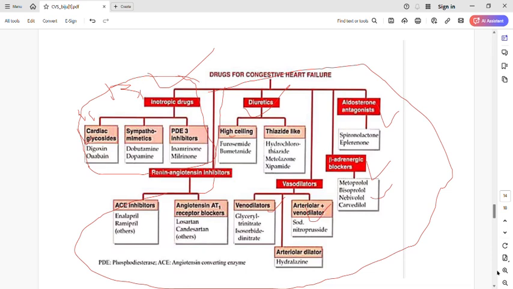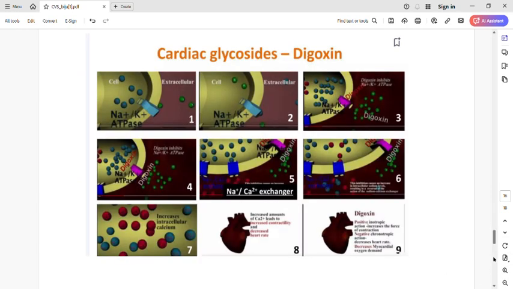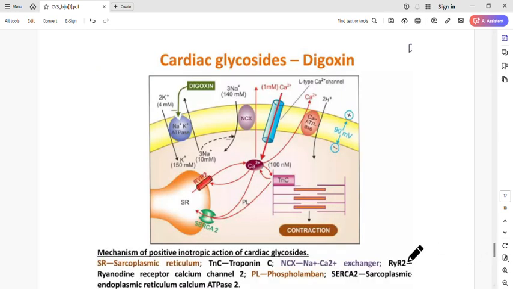Next we discuss cardiac glycosides, mainly digitalis and digoxin. Now we know the mechanism of digoxin.